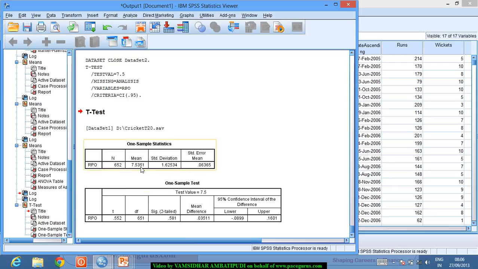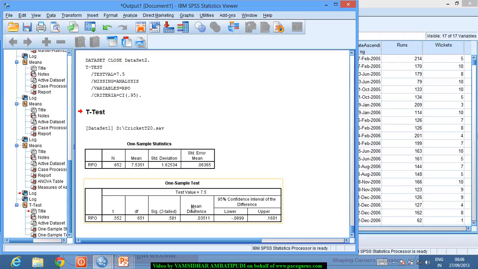The way the t value is computed is your sample mean 7.53 minus the hypothesized mean 7.5 divided by the standard error of the mean. We don't need to get into the calculations and formulas part of it. My interpretation side is very straightforward.